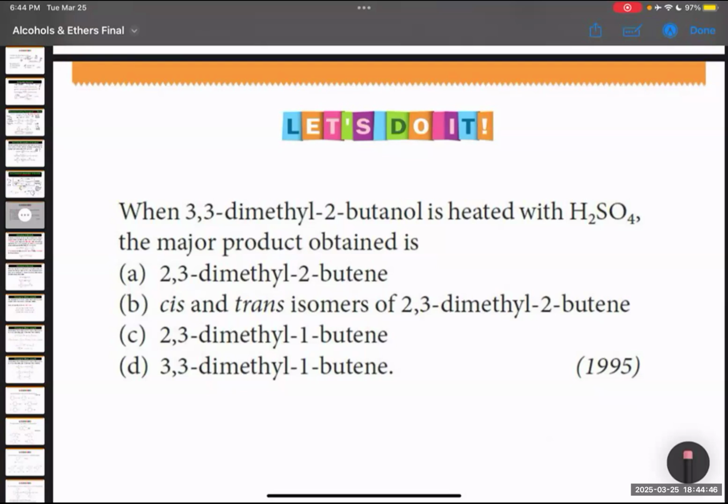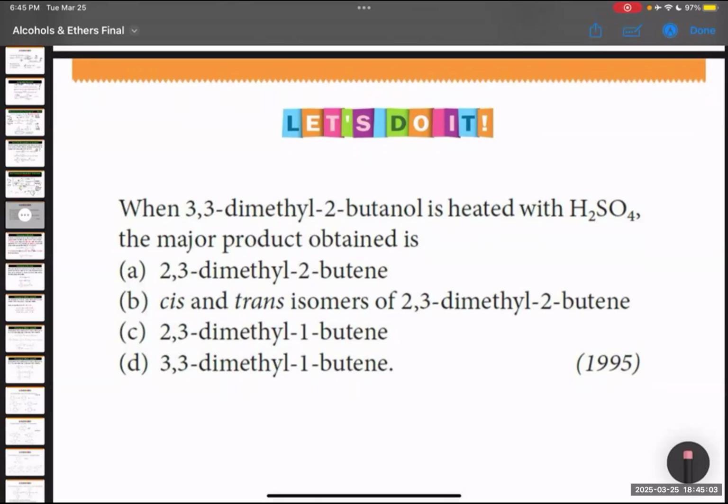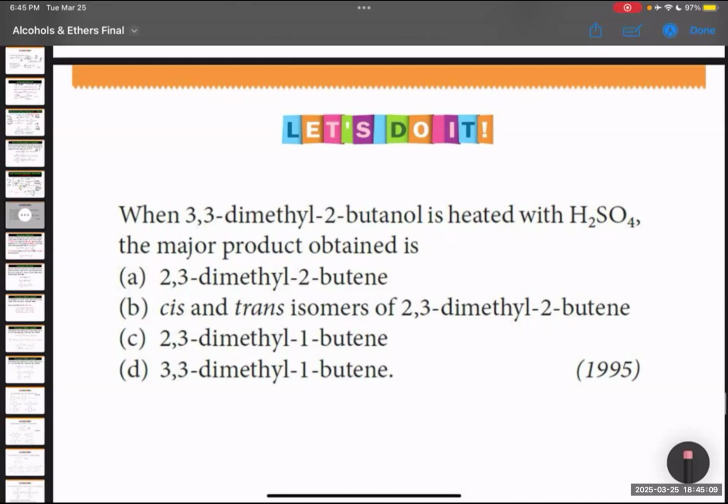Let's solve it. 3,3-dimethylbutan-2-ol. Let us write the structure first. This is butan-2-ol, meaning OH on the second position, and this is 3,3-dimethyl.